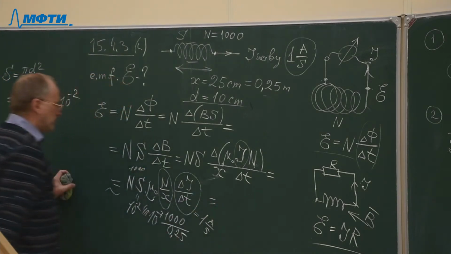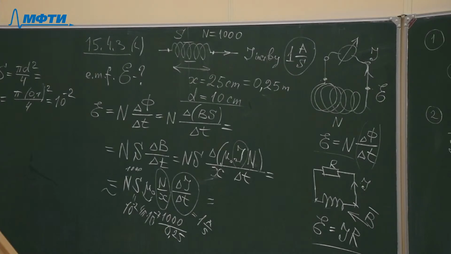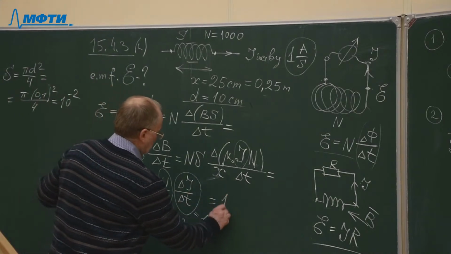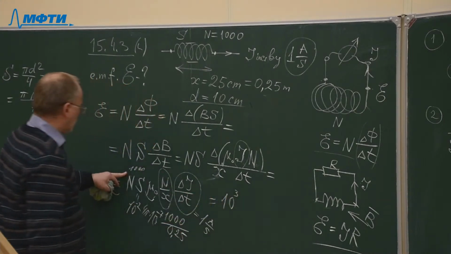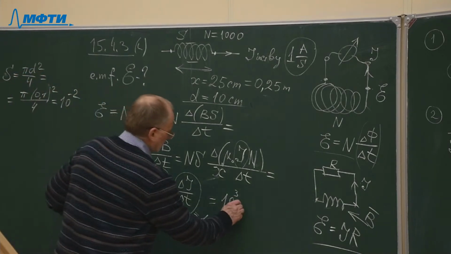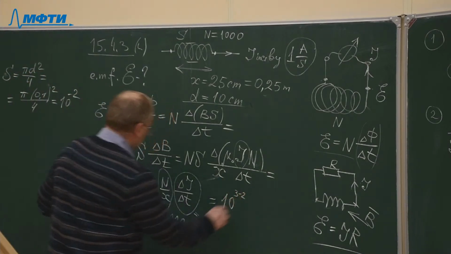So substituting all these quantities in this formula will give us something like, let's do it correctly. 1,000 is the number of turns. Area of cross section is 10 to the minus 2.